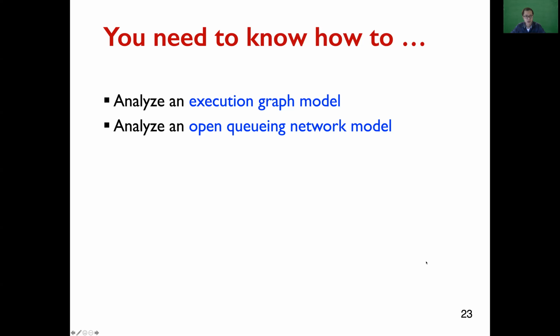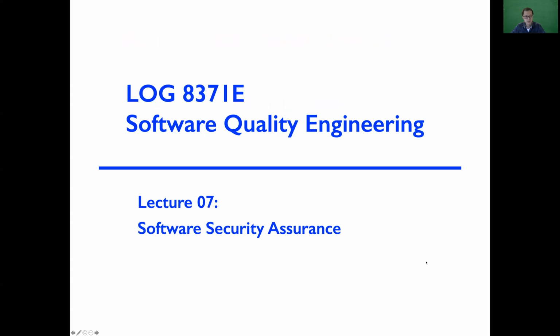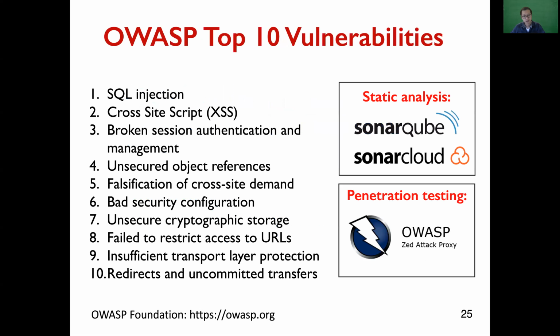So the next lecture is about software security assurance. To summarize, in this lecture we first discussed what software security issues are, especially what software security vulnerabilities are, for example the OWASP top 10 vulnerabilities covered in our class.